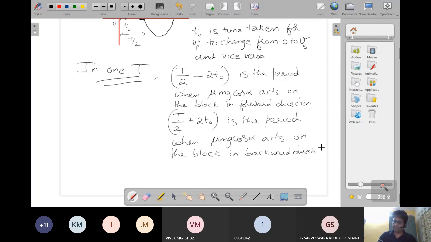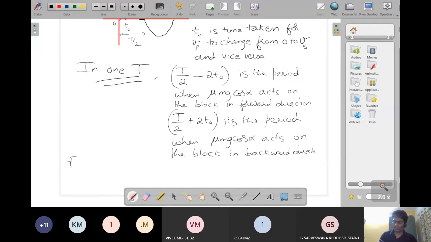Okay, so let's try to now see what are the forces that are acting during the entire period. Mg sin alpha acts in the forward direction. Okay, so for mg sin alpha it is capital T, right? And mu mg cos alpha will have backward and forward actions in two separate halves.